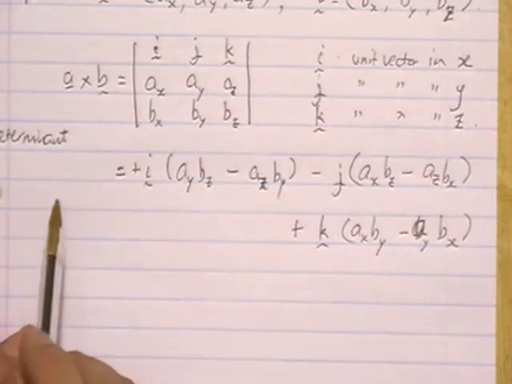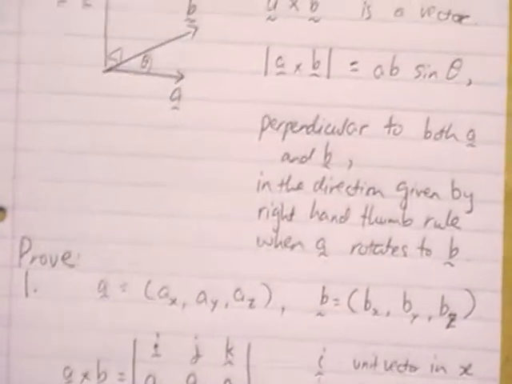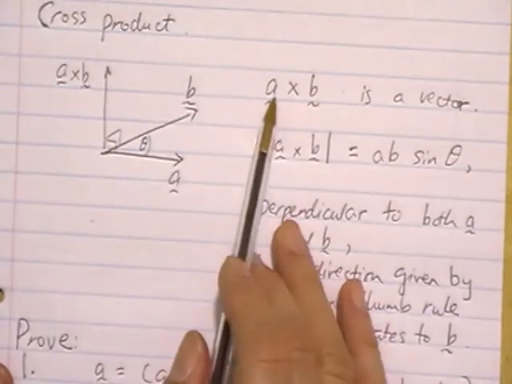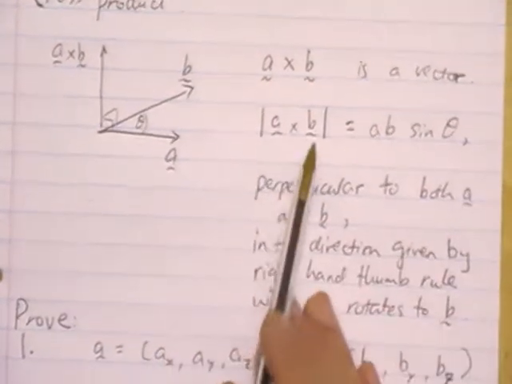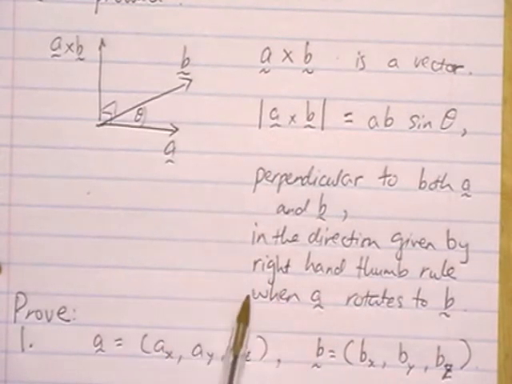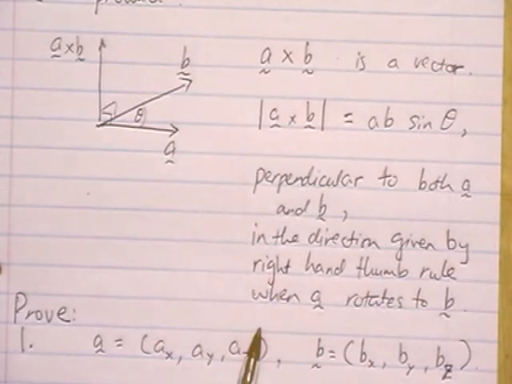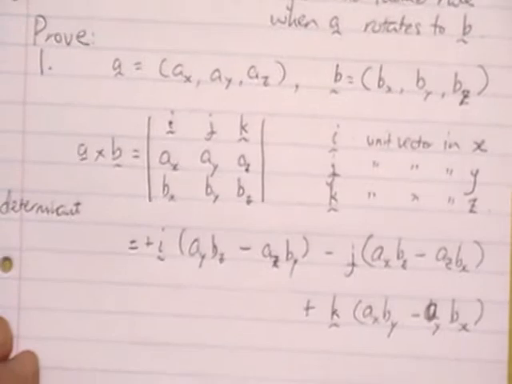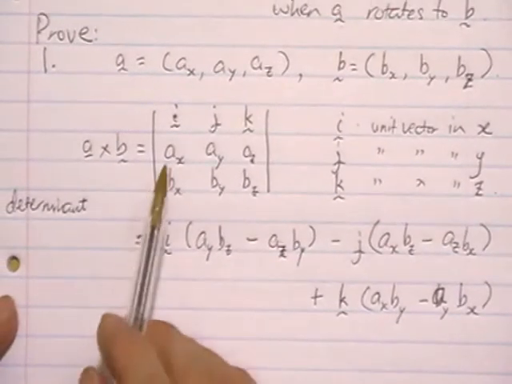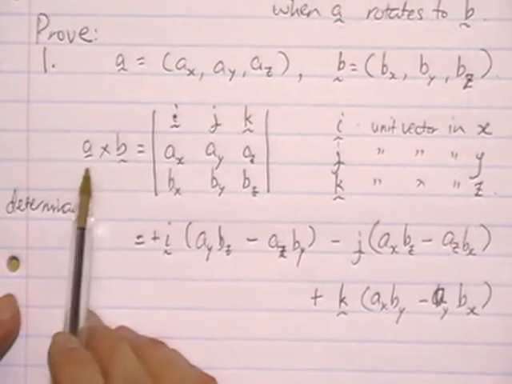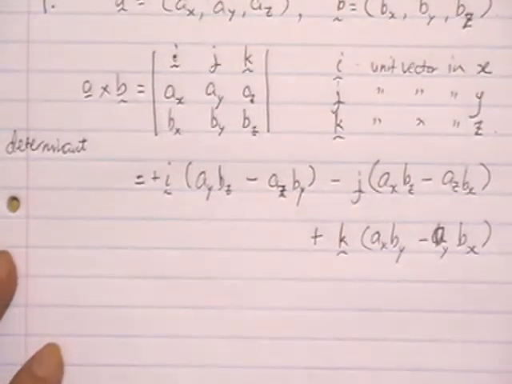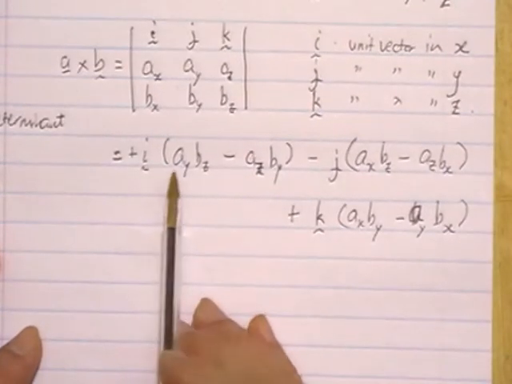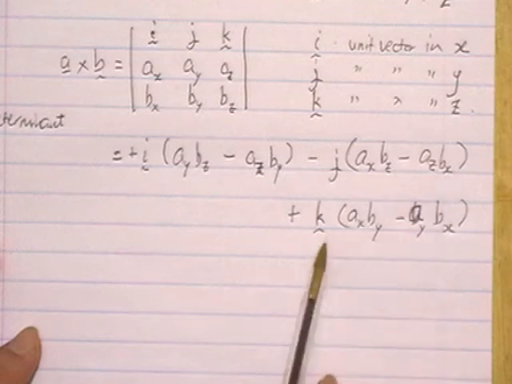So what I want to prove is that if the cross product is a vector that is described by these features that I have sketched out, then the components of the cross product must be given by this, and this.